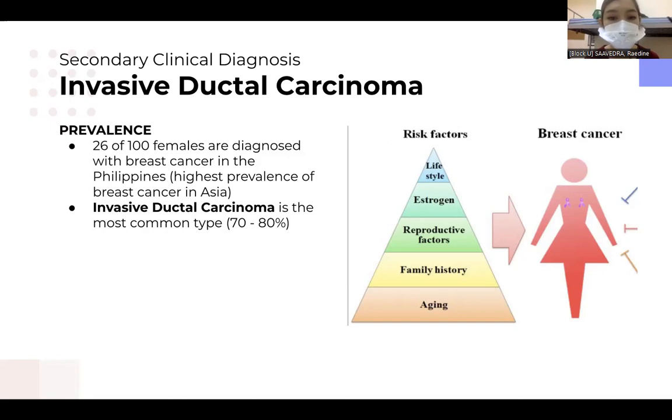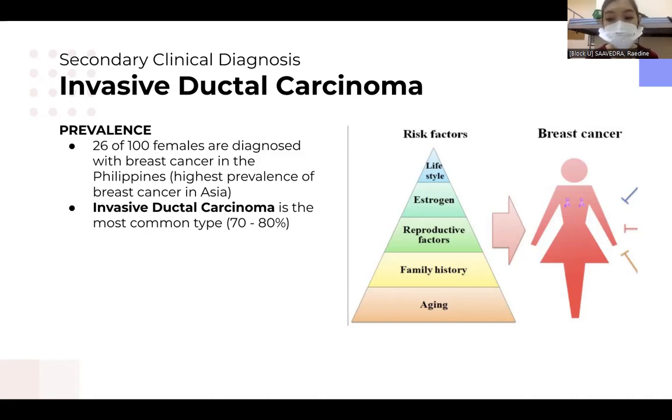Family history is also another important risk factor, as there is a 1.75-fold increase in risk with a first-degree relative with breast cancer, and a 2.5-fold or higher increase in risk when a woman has 2 or more first-degree relatives diagnosed with breast cancer. This is highly related to the inherited mutation in either genes BRCA1 or BRCA2.